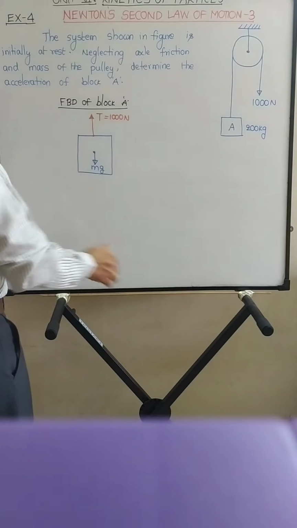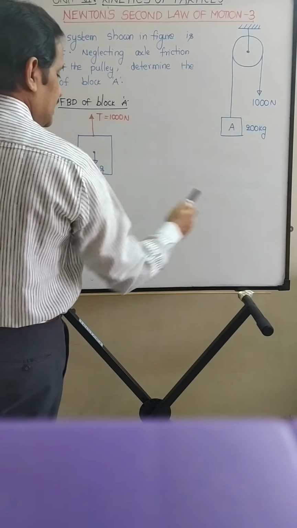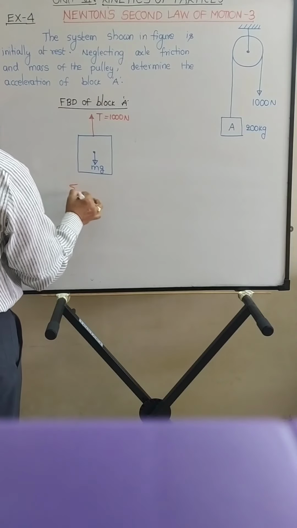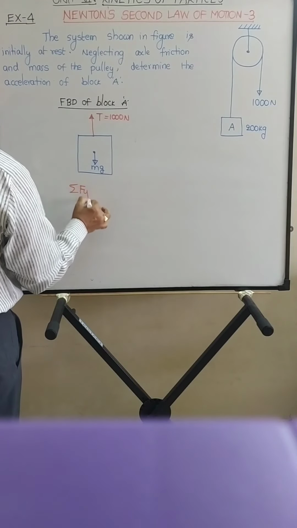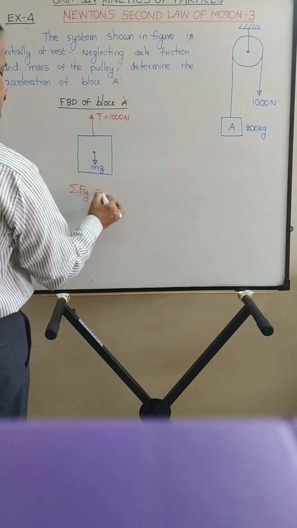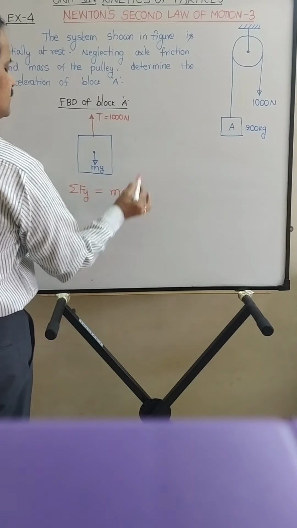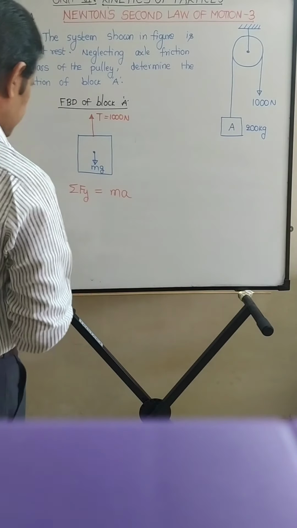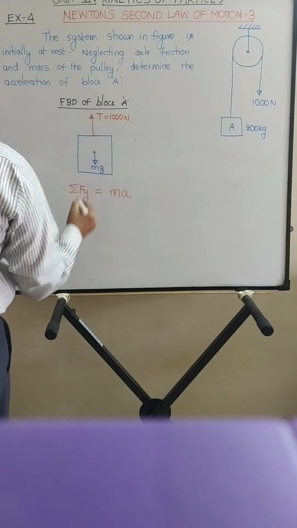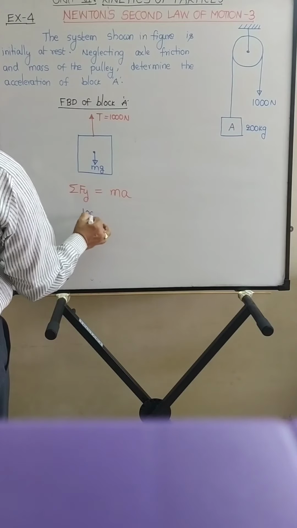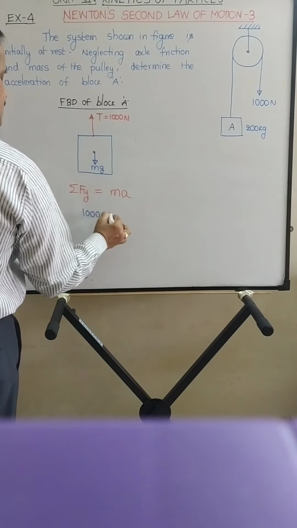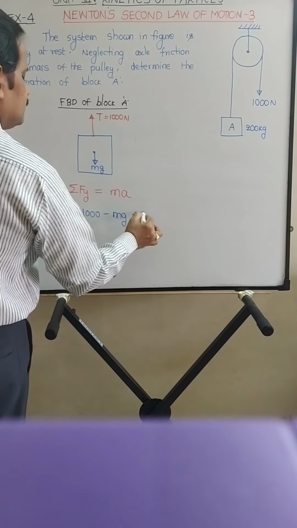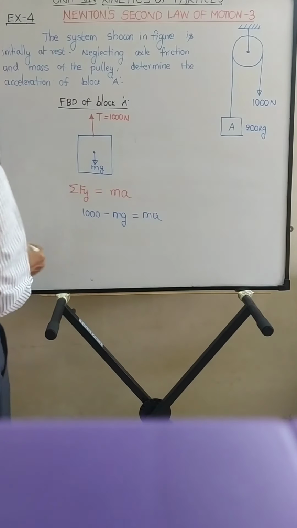And the block is, say, moving in vertical direction. As per Newton's second law of motion, the unbalanced force or the resultant force in a vertical direction is equal to mass into acceleration. This is the acceleration of the block in vertical direction. So here it is plus T, that is plus 1000, minus mg is equal to ma.